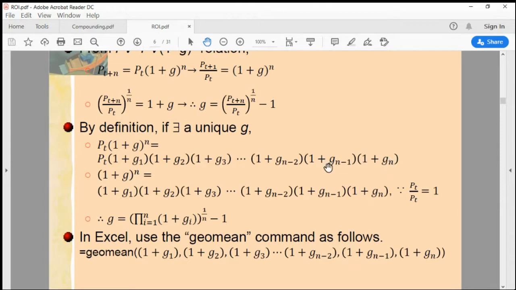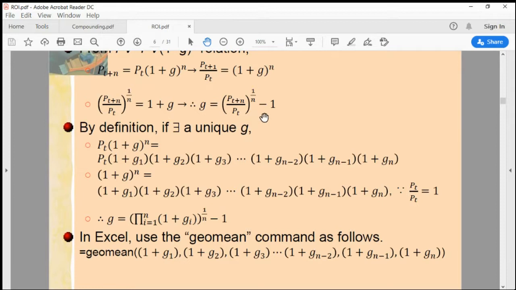And if n is 11, n minus 1 would be 10, n minus 2 would be 9, right? So now think about it. If we found that average, then we will get the same result as this if we simply compound PT by 1 plus G and raise it to the nth power. Isn't that right?